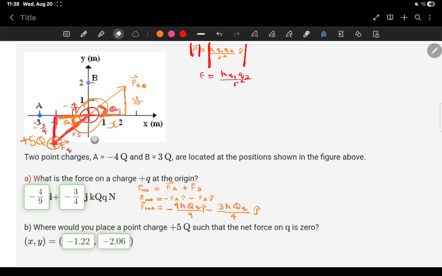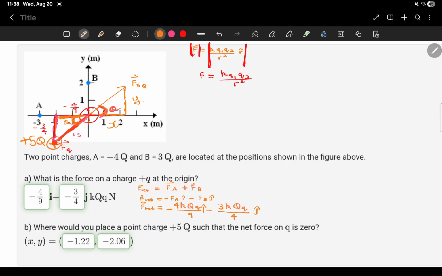If I'm thinking about the force that this positive 5Q charge exerts on the charge at the origin, then it's going to repel in this direction. So this is the correct place to put the positive 5Q charge so that these two vectors can cancel and you can get a new net force of 0.